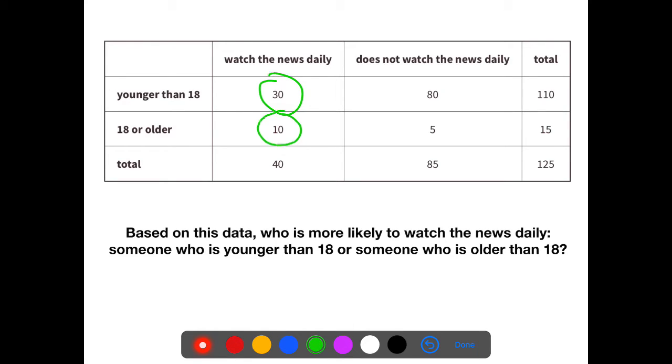On the other hand, the survey reached out to 110 young people and only 15 older people. Without looking at the whole table, that information may have been missed. So in cases like this, finding a relative frequency, including percentages, can be more helpful than looking at the actual frequency, which is what you're going to do now.